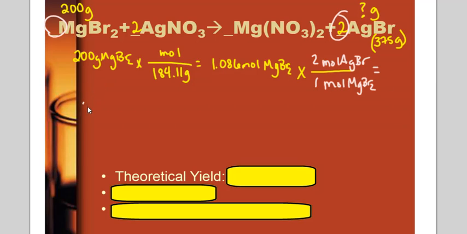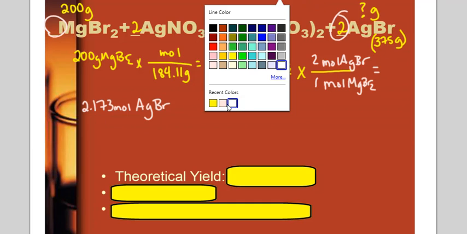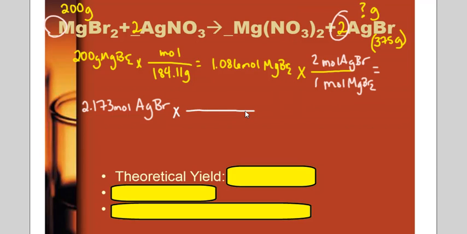But that produces 2.173 moles of silver bromide. I don't want moles, right, because I've got grams here. So let me convert that then to grams. So the molar mass is 188 grams of silver bromide. So I get 408 grams of silver bromide. Alright, so this is my theoretical yield.